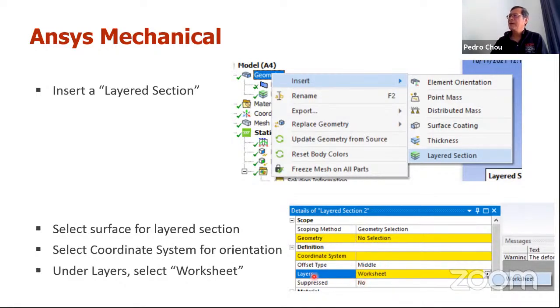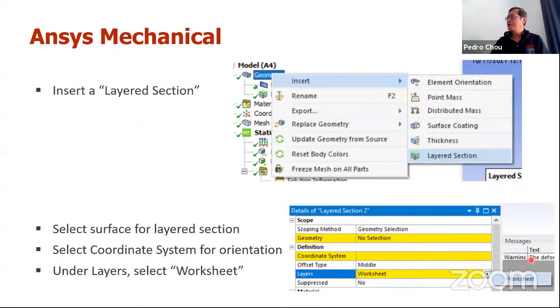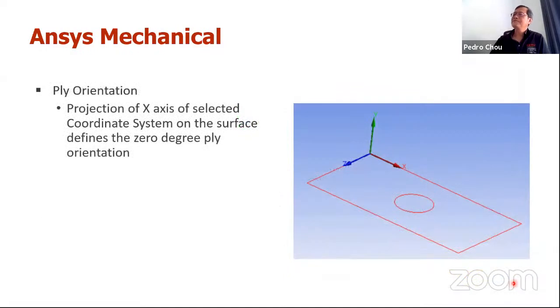Then you need to define layers. To define the layers, you just select the worksheet option, and then you define each layer: the thickness, the material, and the orientation. So here is what I was talking about, the local coordinate system.